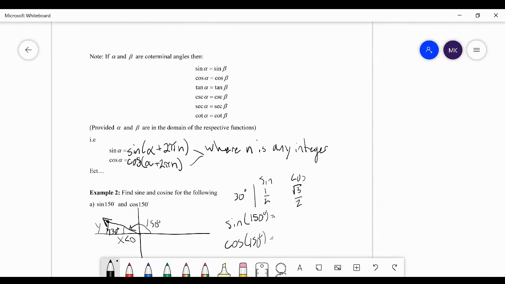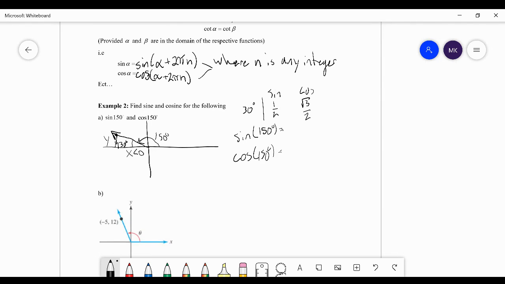So sine of 150 involves the y, and the y is positive here, so it's still just 1/2, just as it was in the table. But the cosine involves the x value, which for 150 degrees is negative. So instead of root 3 over 2, it's going to be negative root 3 over 2.